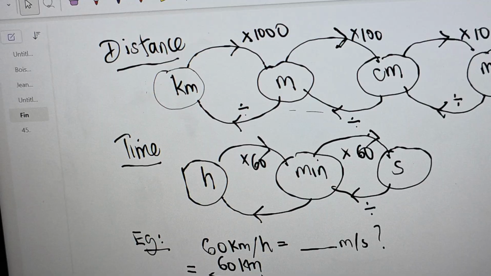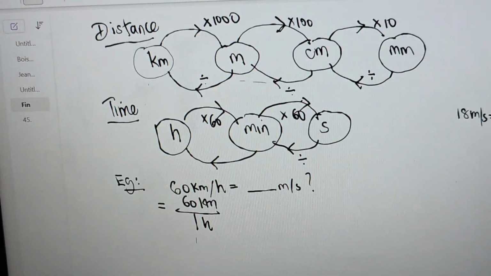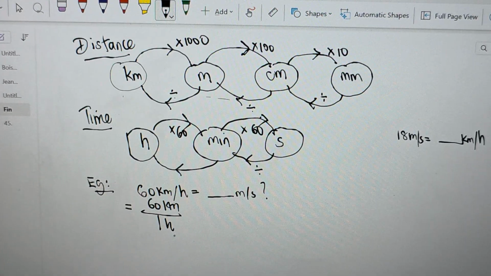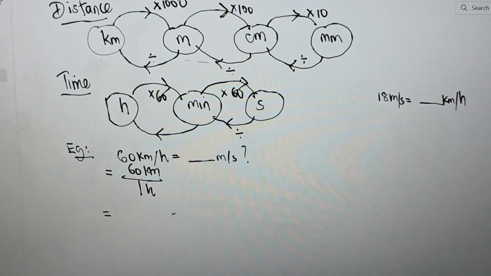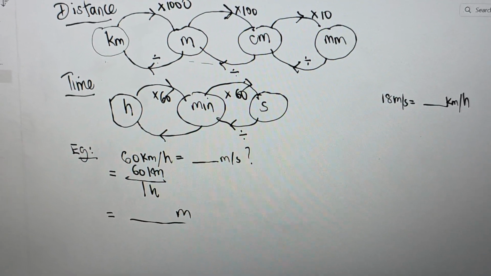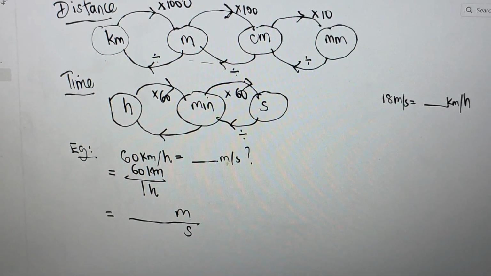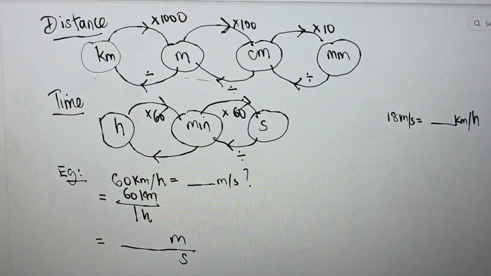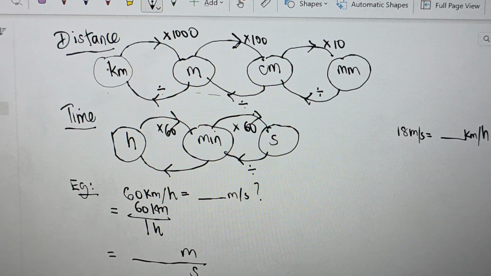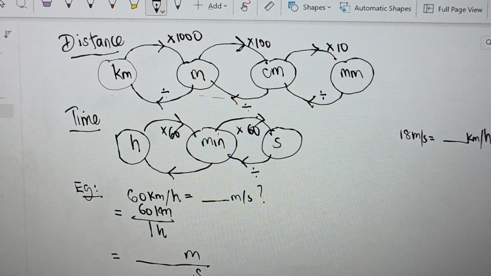Now I want you to continue from here and do the conversion. How do we do that? We can now convert to whatever we want. The final thing that we want is meter over second, because meter over second means meter per second. How do I convert 60 kilometers to meters?